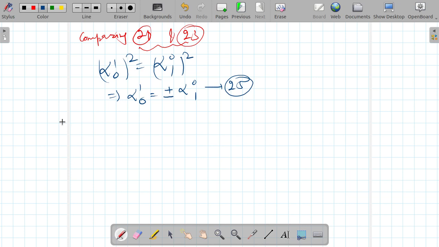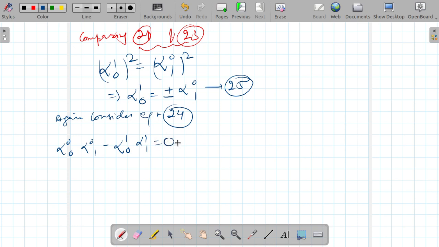Again consider equation 24. So if I consider equation 24, then alpha 0 0, alpha 0 1 must be minus alpha 1 0 and alpha 1 1 is equal to 0. So if I use here that alpha 1 0 is equal to alpha 0 1, then using this, alpha 0 0, alpha 0 1 must be equal to alpha 0 1 and alpha 1 1.